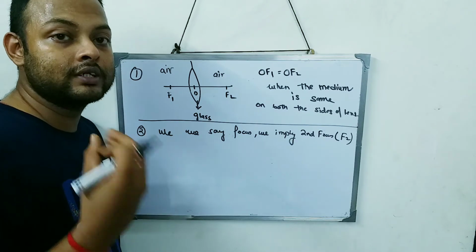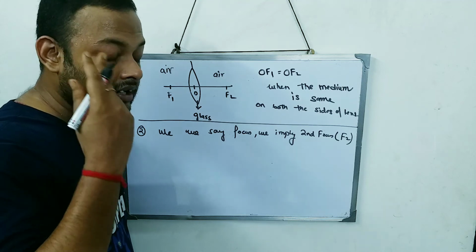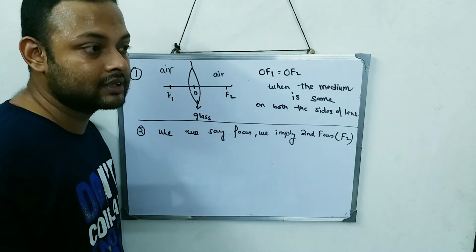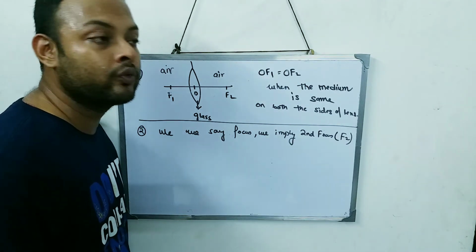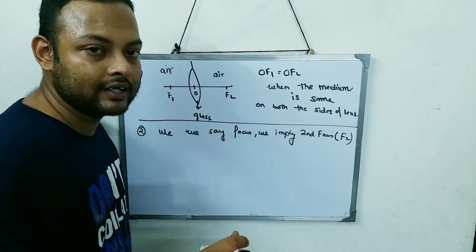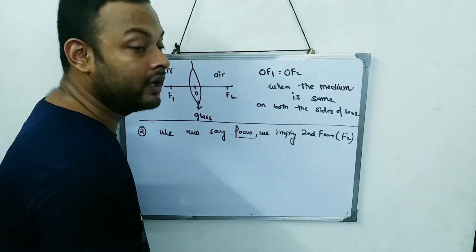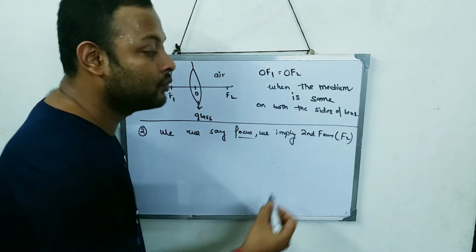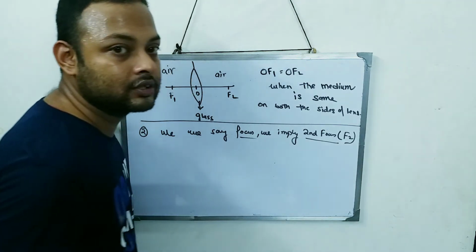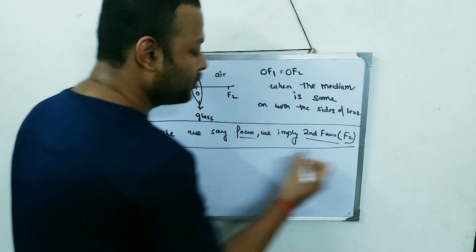So when we say focus, we will generally keep in mind that we are talking about the second focus, because there will be times when we won't say second focus and will directly say focus. In that case, we should keep in mind that we are talking about the second focus, not the first focus. So this part is clear to you.